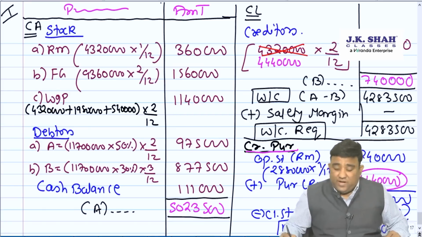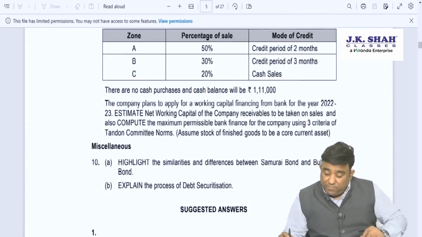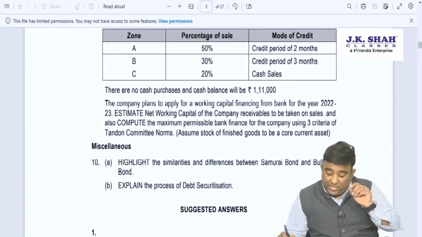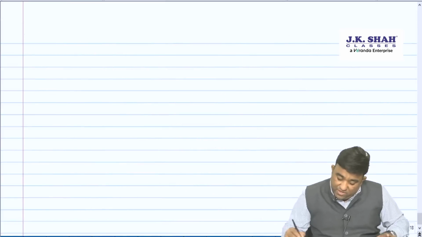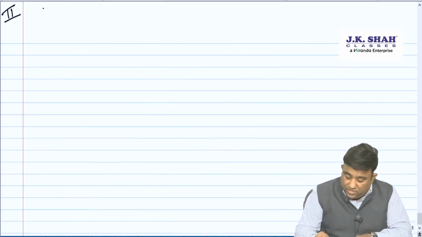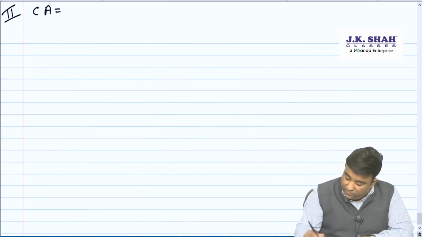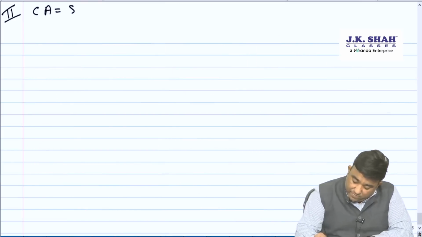This was the first part. Check out the second part in the question. Compute MPBF, that is maximum permissible bank finance, using 3 criteria of Tandon committee. Assume stock of finished good to be core current asset. Student, for MPBF, I need current assets, which is ready, 50 lakh 23,500.